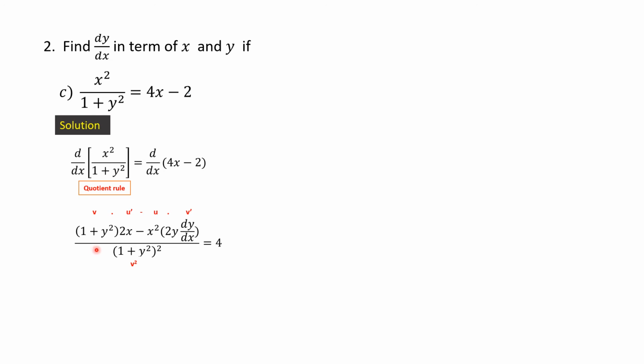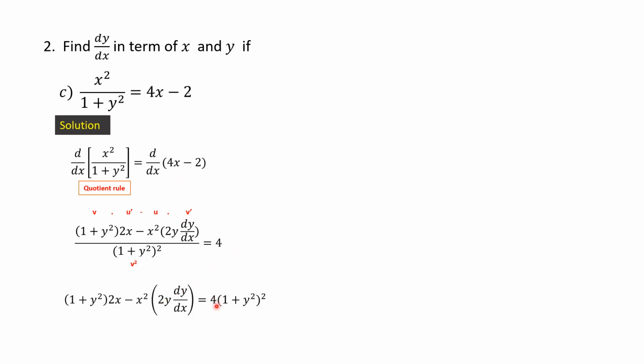So this is v times u prime, dapat 2x, minus u times v prime. This is differentiate 1 plus y square, which is 2y dy/dx, over (1 plus y square) squared, equal to 4.